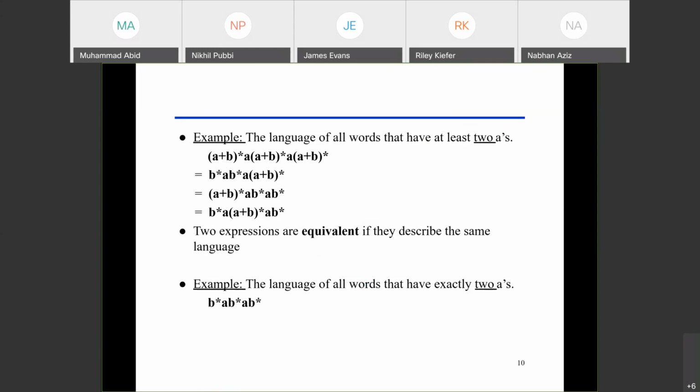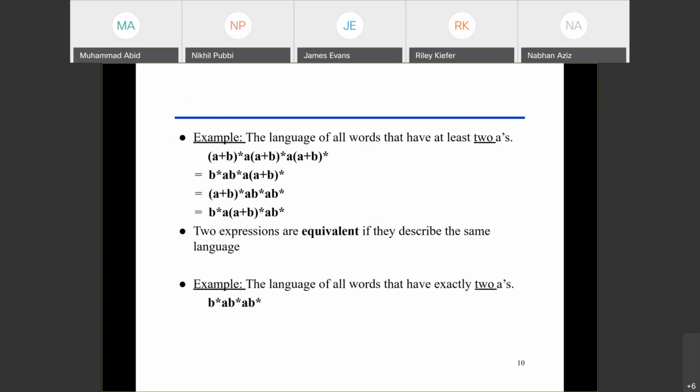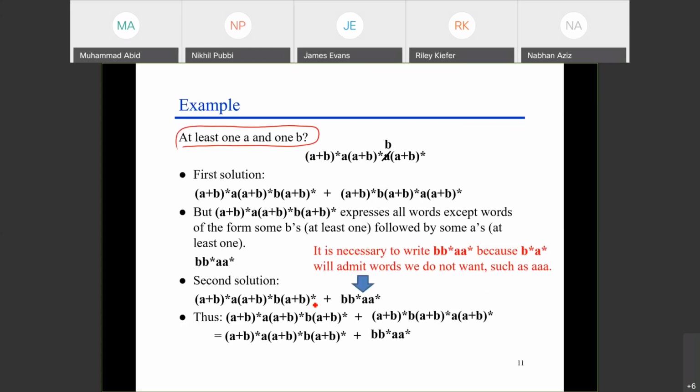So now if you see this, it says at least one A and one B. So I will say, okay, if it is one A and one B, I will write on the back of this slide. It has more space. So we can write 1A and 1B. Okay.